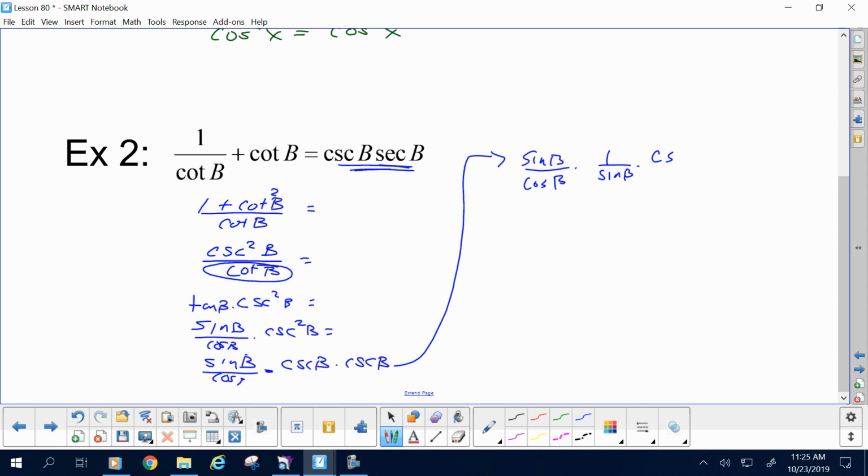The other one stays a cosecant. Sine b divides away. You're almost there. What's cosine in the denominator? Secant in the numerator.